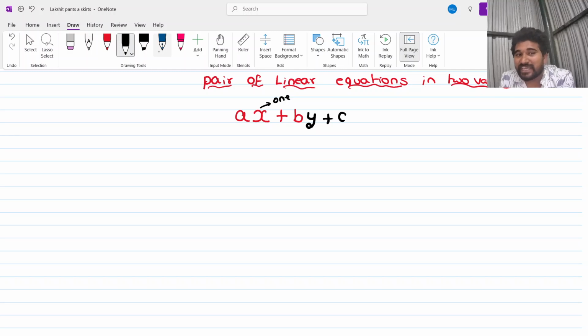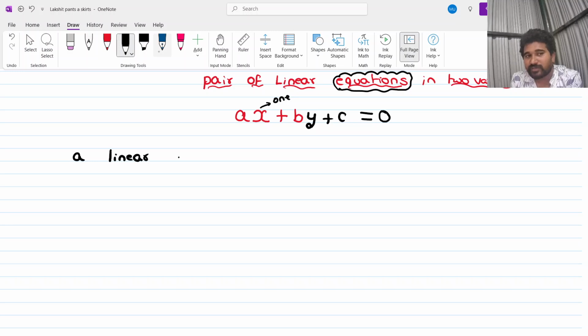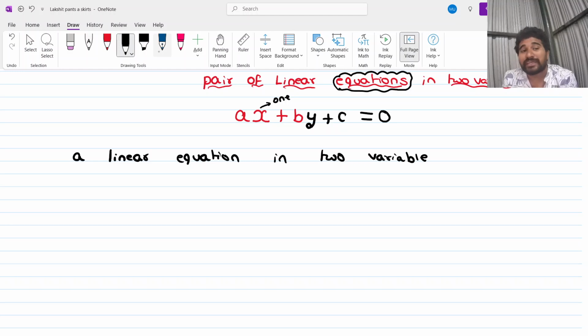And it is an equation. When I say the word equation, there should be an equal to in that, and equate it to 0. Generally, a linear equation in two variables will be ax plus by plus c equal to 0.